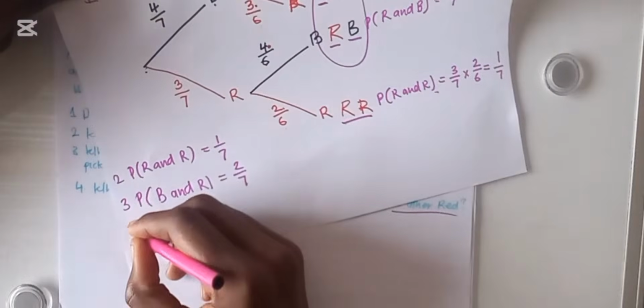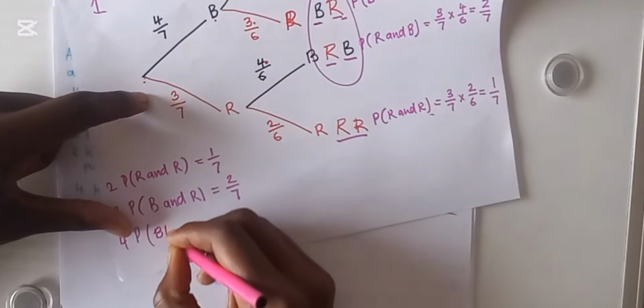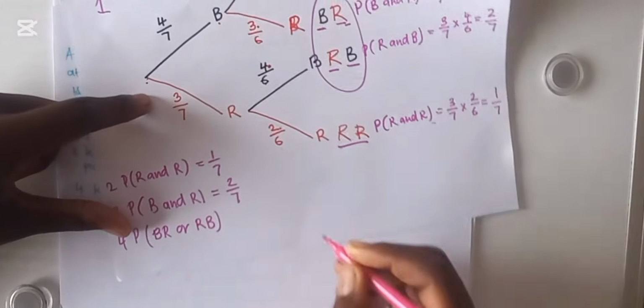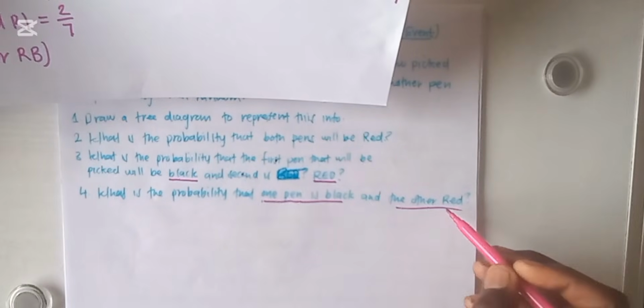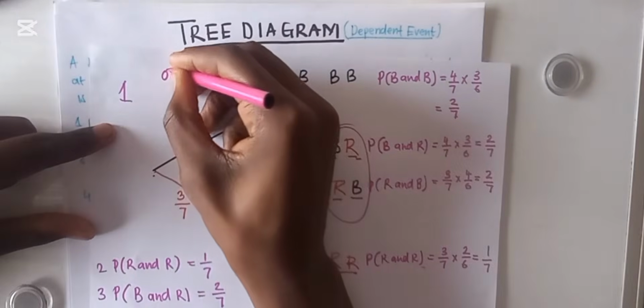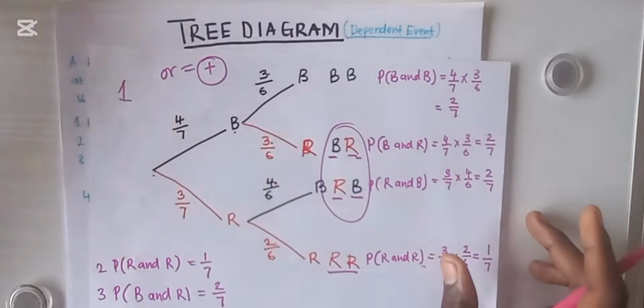And remember, this is the same as when they're looking for the probability of BR or of RB. Perfect. Because what they say is the probability of one black and another red. So when we talk about OR, I told you in my previous video, OR is equal to plus, when we're dealing with tree diagrams only.